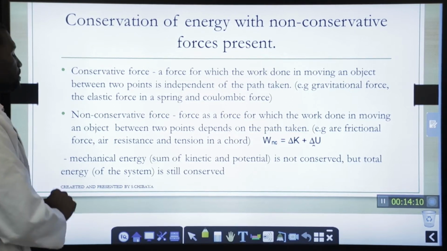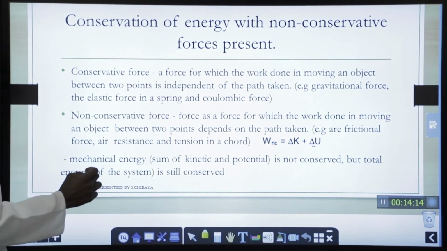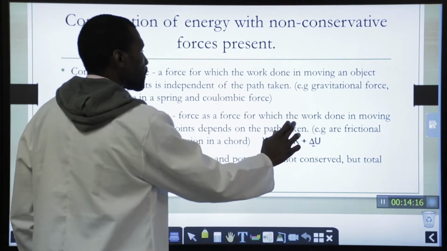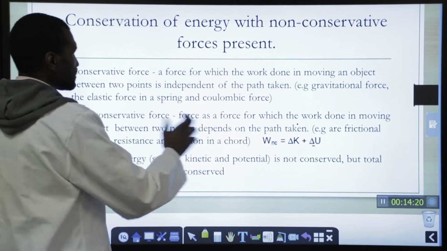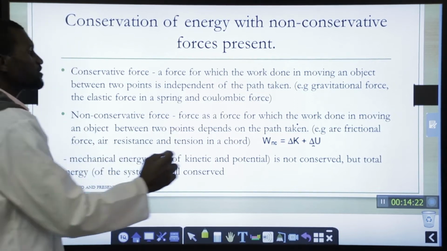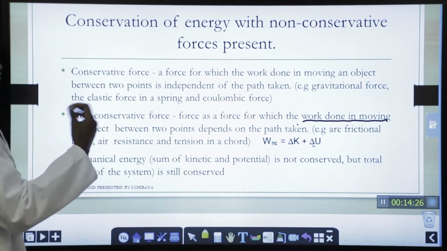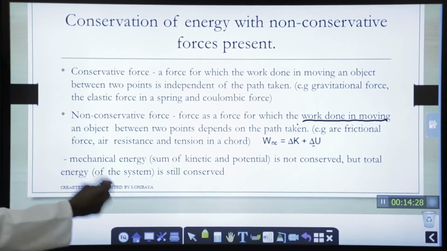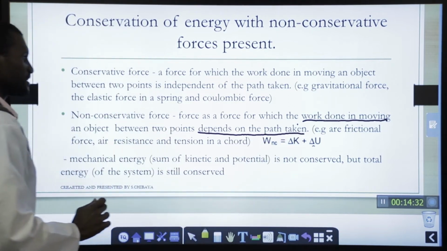And then the opposite of that is a non-conservative force. A non-conservative force is defined as a force for which the work done in moving an object between any 2 points is dependent on the path taken.